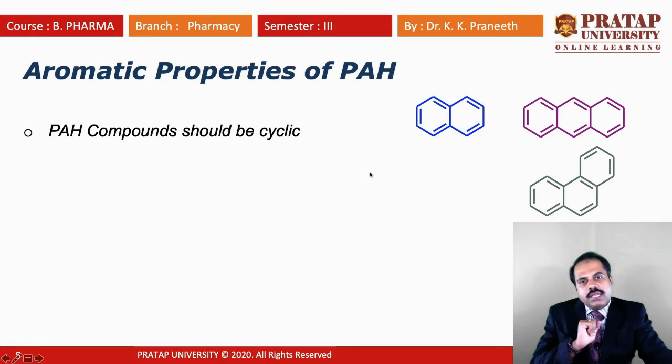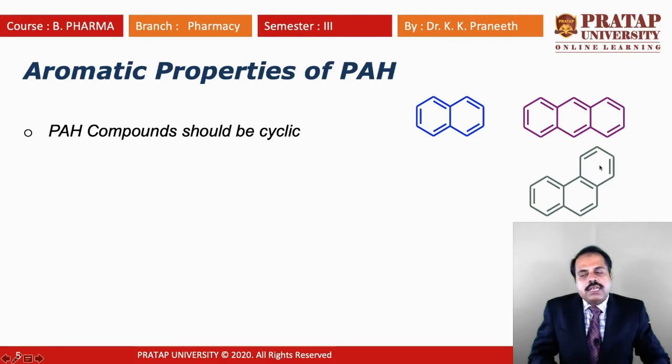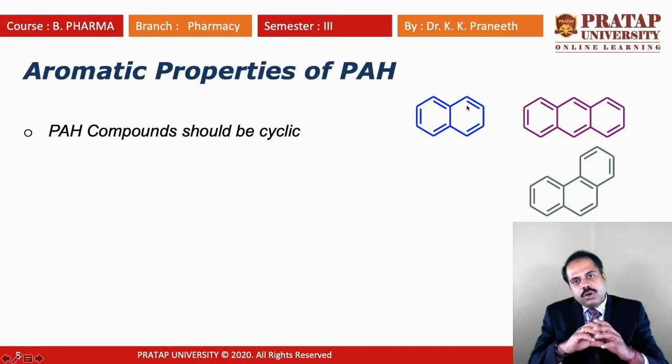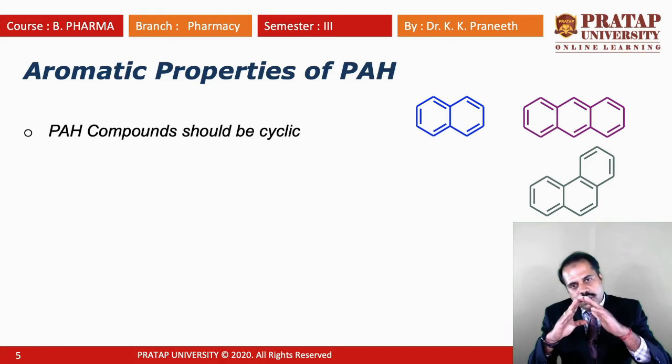We have already seen in the first unit, in the benzene chapter, how to see whether a compound is aromatic or non-aromatic. A PAH compound should be cyclic; only then does it come under the aromatic property. You can see here all the PAH compounds have a cyclic structure. Cyclic means it is not only a circle; it can be any ring shape.